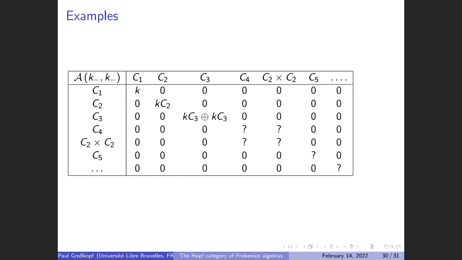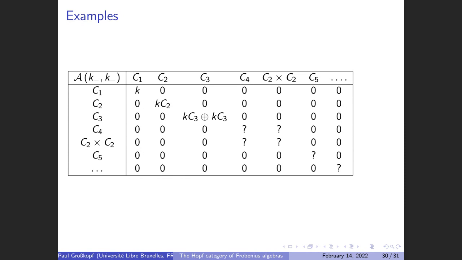For bigger groups, the equations you have to consider by hand get bigger and bigger. I think already in size 4 you have to consider around 80 equations, and by hand this is not really possible.